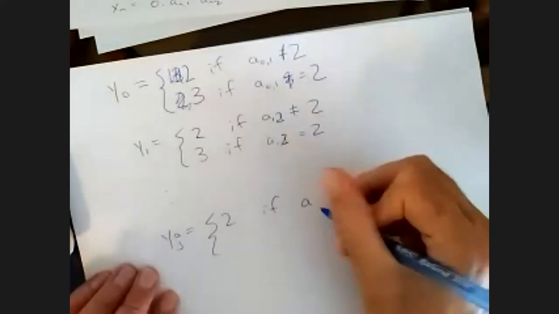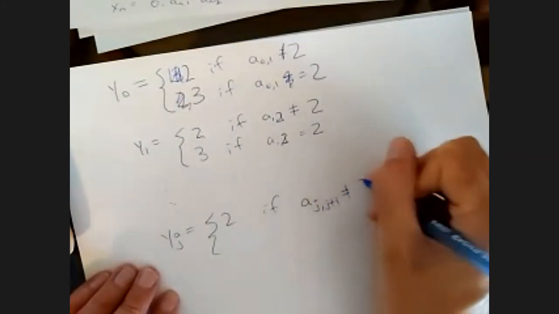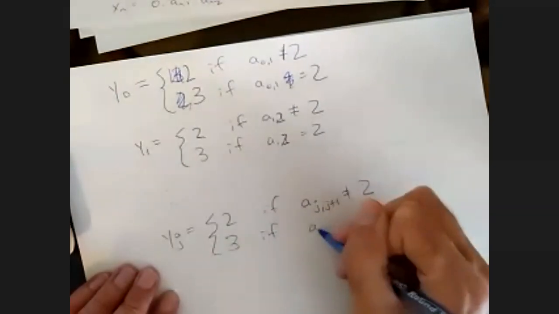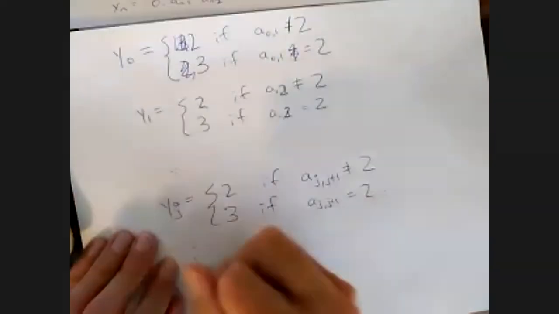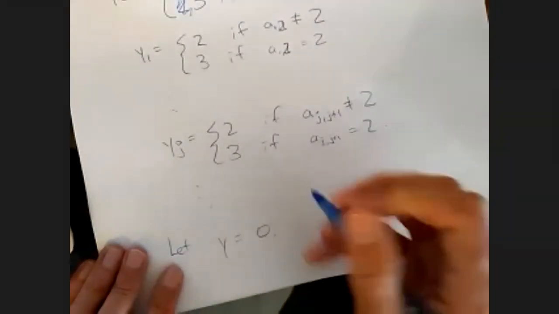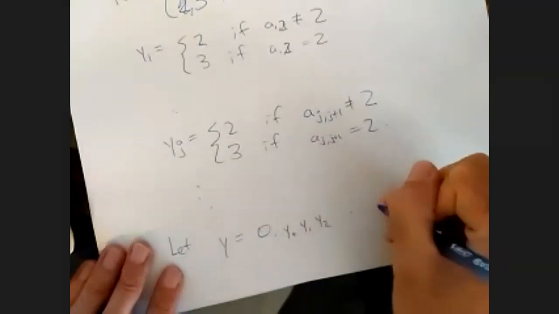In general, if Aj,j+1 is not equal to 2, we're going to put yj to be 2, and it's going to be 3 if Aj,j+1 equals 2. I'm just going to keep on going, and then let y be 0 point y0, y1, y2, and on like that.